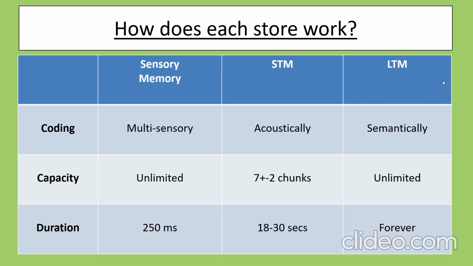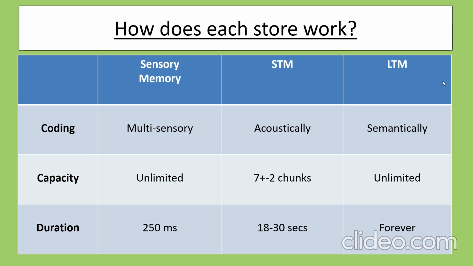What we also need to be aware of is how each store works. These are the key features of the memory stores, and we need to know how each memory store codes information, which means how it processes the information. We need to know the capacity, so how much can fit in that memory store, and the duration, so how long it lasts.